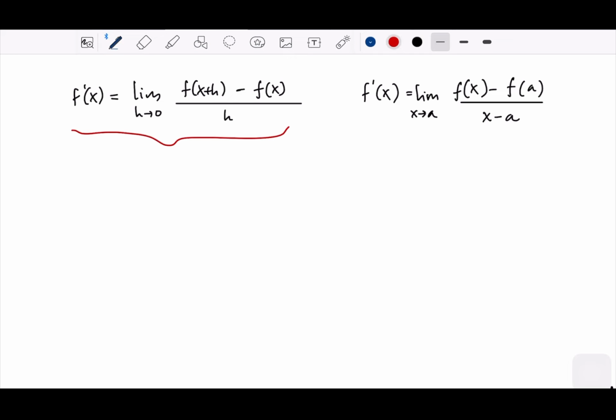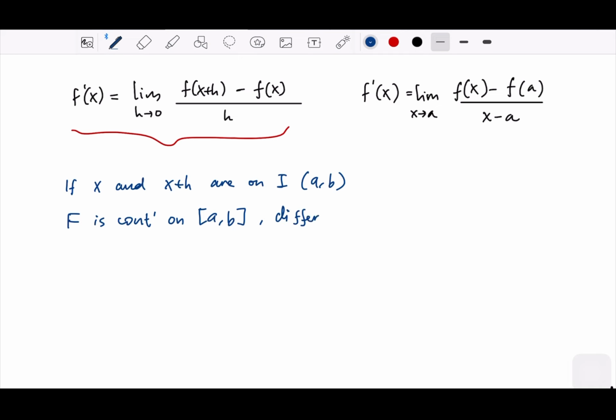left one here. So if x and x plus h are on the interval, let's say AB, and then we make sure that the capital F is continuous on AB, differentiable on AB.